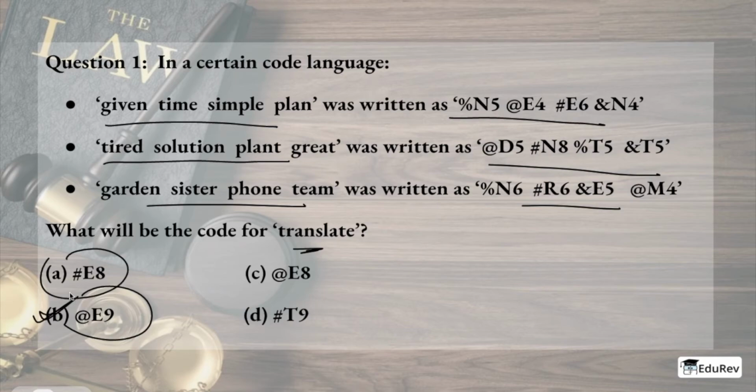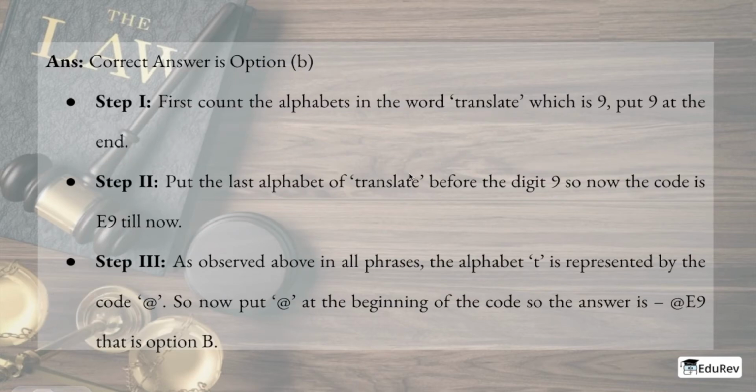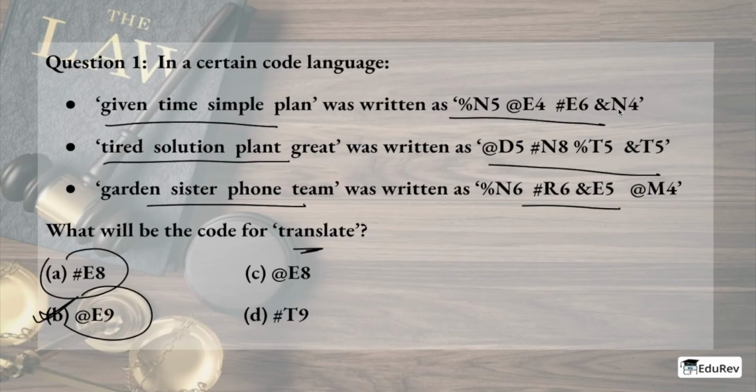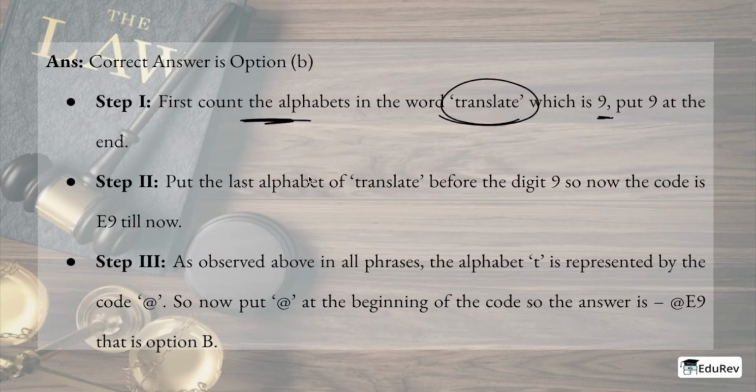But let's find out how this answer came. The first step was to count the alphabets in the word translate, which is 9, and put 9 at the end. You can see here, for example, given has 5 alphabets, so 5 is at the end. Similarly, for all these words, the number of alphabets is exactly the number written at the end of the code. The next step is to put the last alphabet of translate before the digit 9.